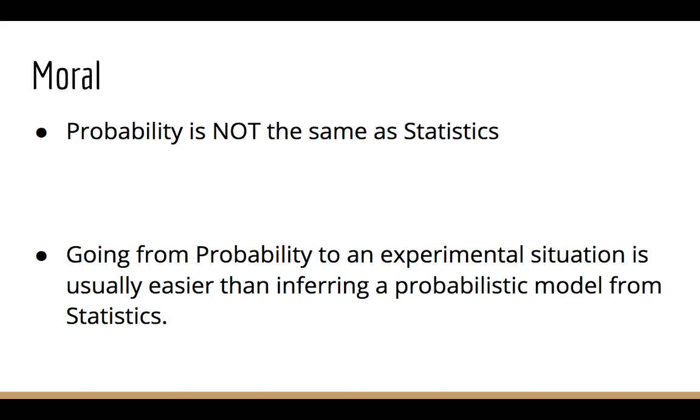You can use probability to predict things about the world, and you can use statistics to try to come up with underlying models for the probability. But going from the probability to an experimental situation is usually easier than inferring a probabilistic model from the statistics, from the data that you gather. Okay, so that's it.